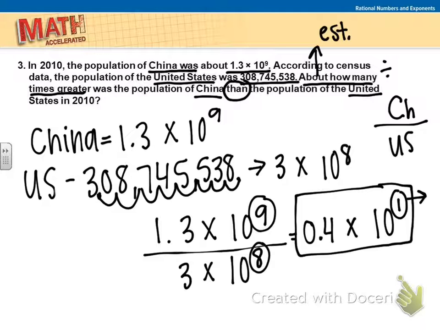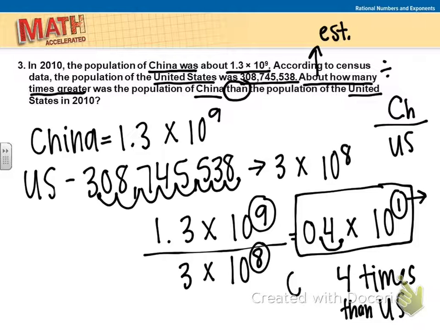To the right one with my decimal, and what number do I get? 4. So I could say China is what? 4 times greater than the U.S., right? So we're going to leave it like that, and we get that China is 4 times greater. Does everybody see that? All right.